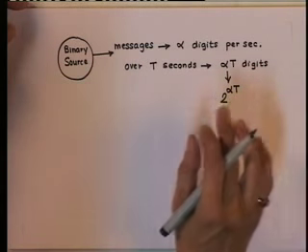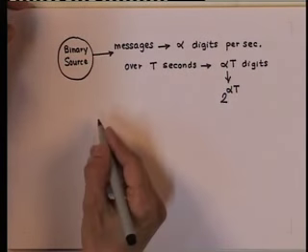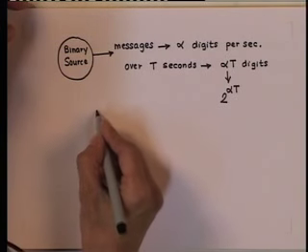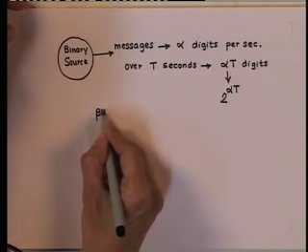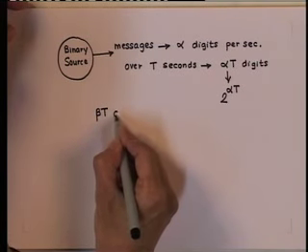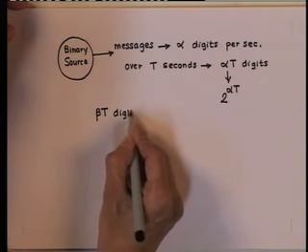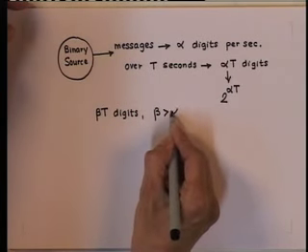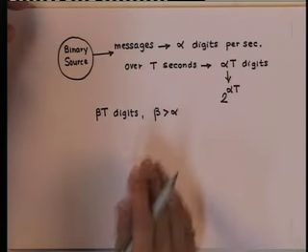These super messages are transmitted by a code word of length beta times t digits, where beta is greater than alpha to ensure redundancy.